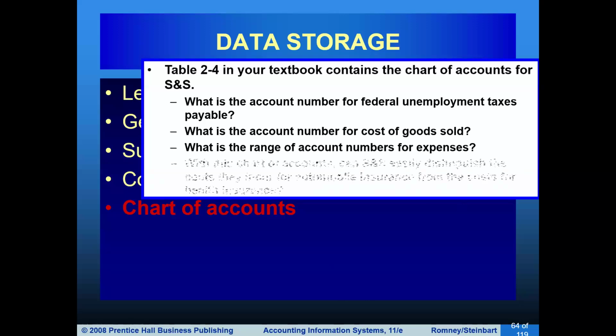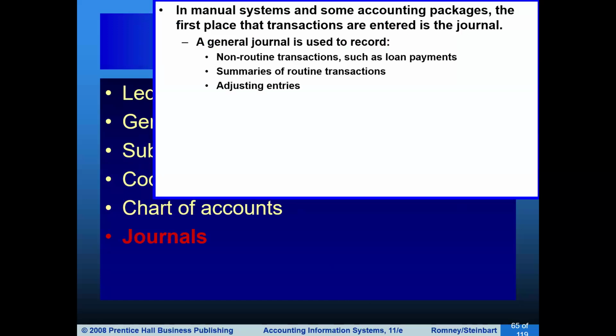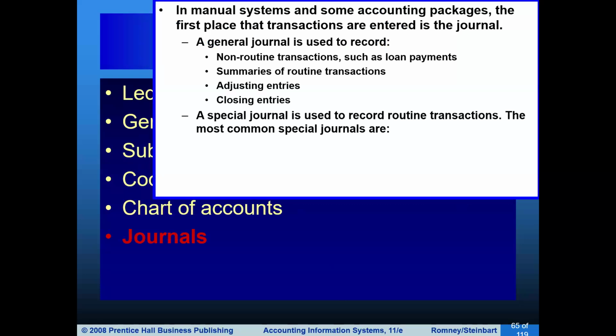Journals: in manual systems and some accounting packages, the first place transactions are entered is the journal, like the sales journal. You enter all the transactions in the sales journal, purchase journal, return inward journal, return outward journal, and the main journal or journal proper. Then you transfer the total of each journal to the general ledger, sales account, debtors accounts, etc.